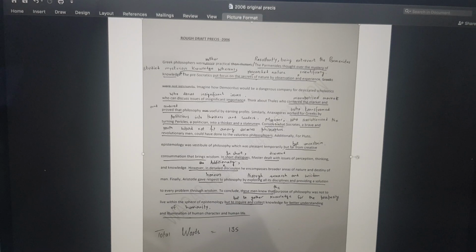In this rough draft, which is a single paragraph, you have to change the words. You have to add your vocabulary if you remember any new word, and you have to make connectivity of the passage. You have to do all the work on your passage in the rough draft.